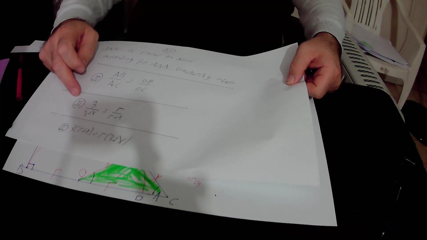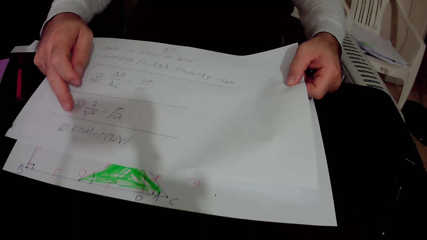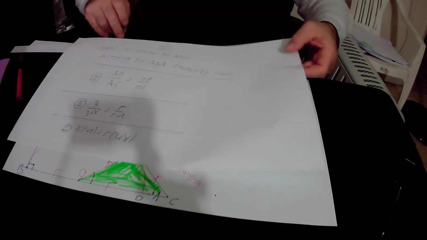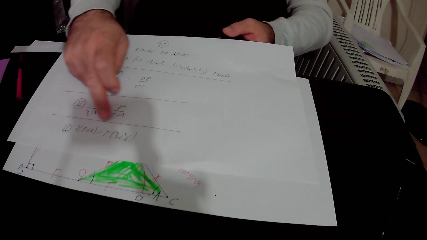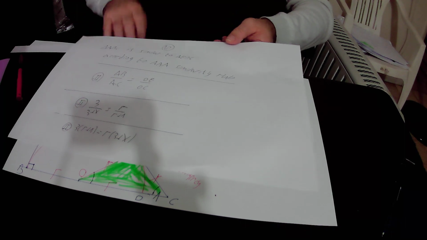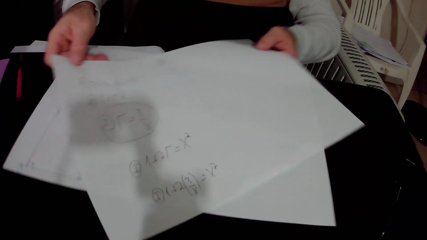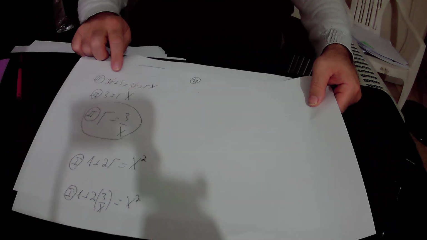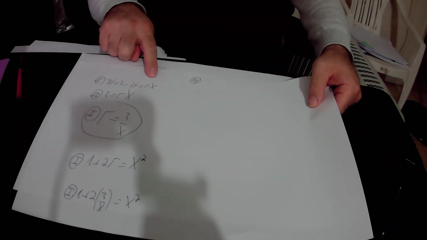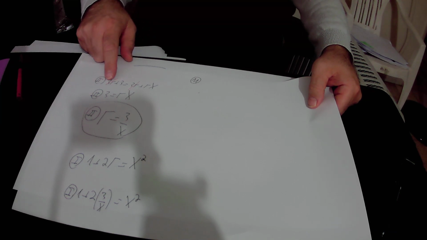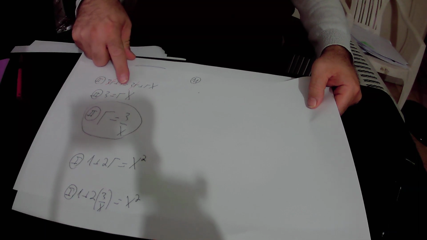Here we cross multiply, and we get 3 times r plus 1 equals r times 3 plus x. Then we open the brackets, and we get 3r plus 3 equals 3r plus rx. We subtract 3r from both sides, and we get 3 equals rx.